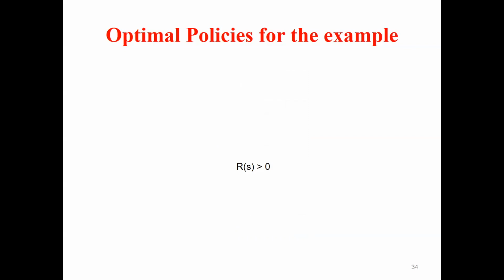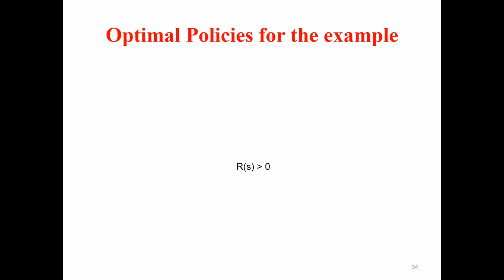The reward for being in any non-final state is a positive value. That means I would like to always be in a non-final state. I should take those actions which take me towards a non-final state only. That means I do not want to finish the problem, because if I finish, I do not have more moves.